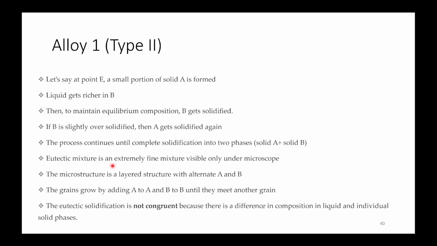The eutectic mixture is an extremely fine mixture visible only under a microscope, and the microstructure is a layered structure with alternate A and B layers. The grains grow by adding A to A and B to B until they meet another grain. The eutectic solidification is not congruent because there is a difference in composition in liquid and individual solid phases.